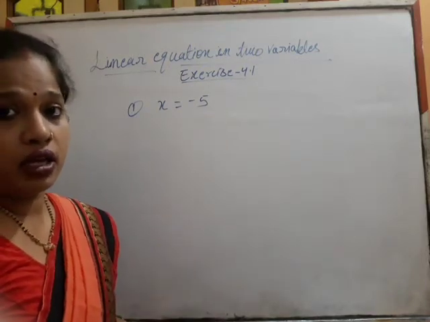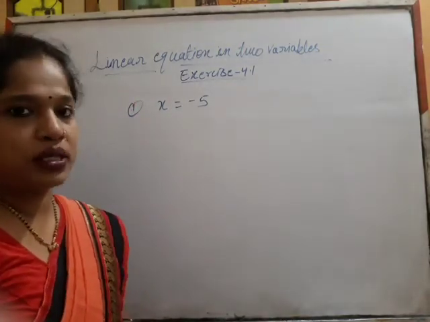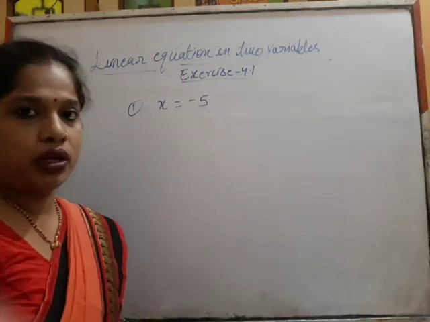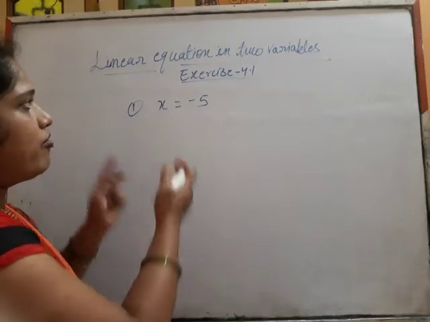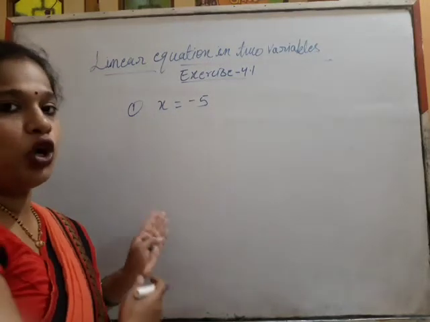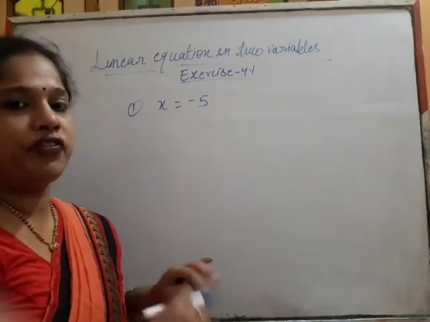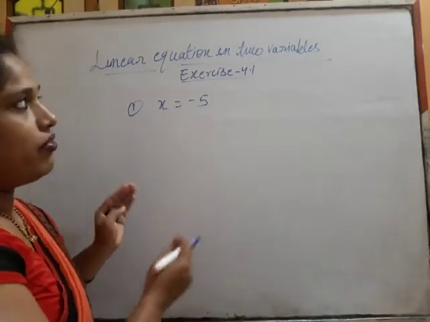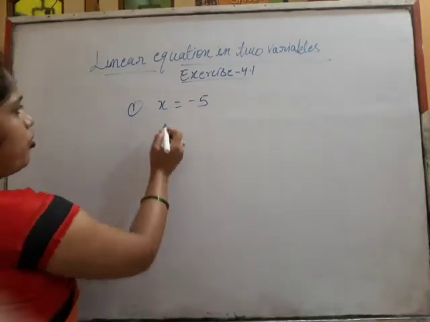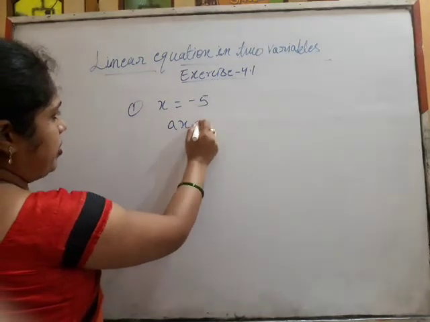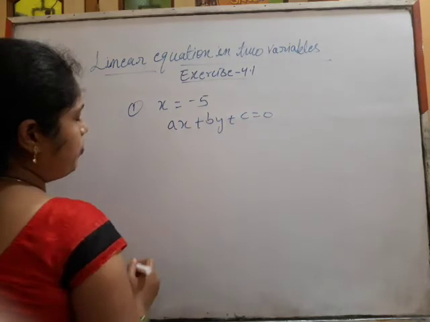Now where is the y? We are studying the topic linear equation in two variables and here we have only one variable. So what happened to the other variable? We have to assume the coefficient of the other variable and accordingly write the equation in two variables. The standard form is ax plus by plus c is equal to 0.